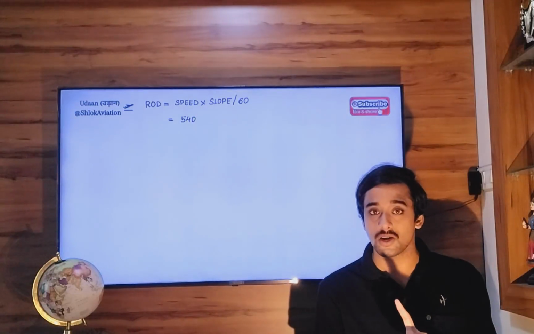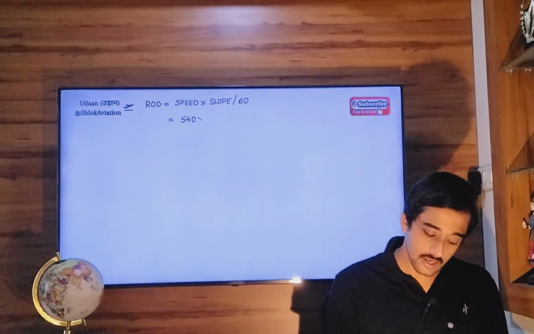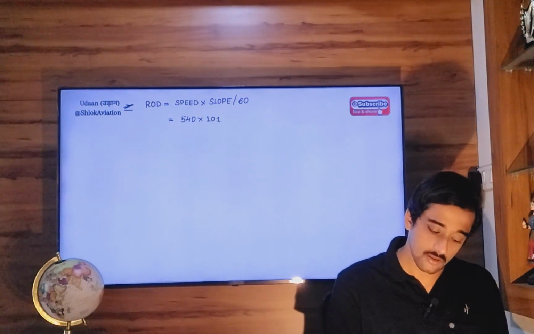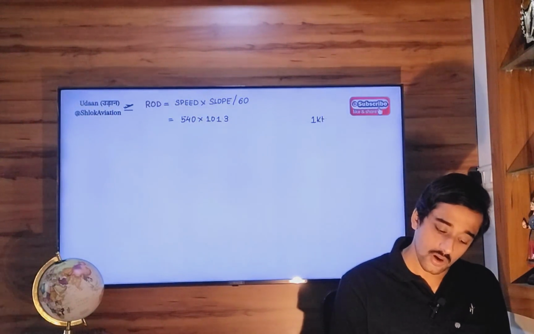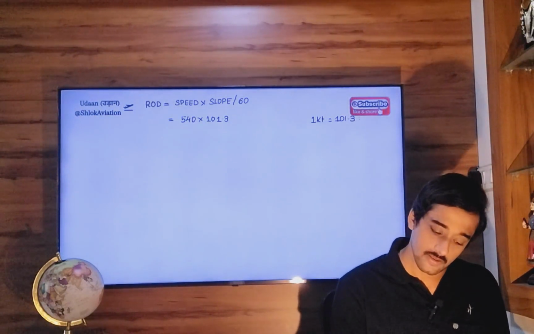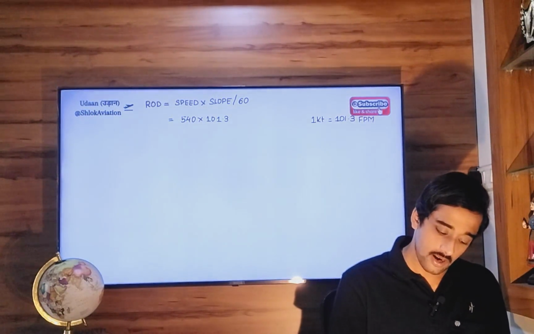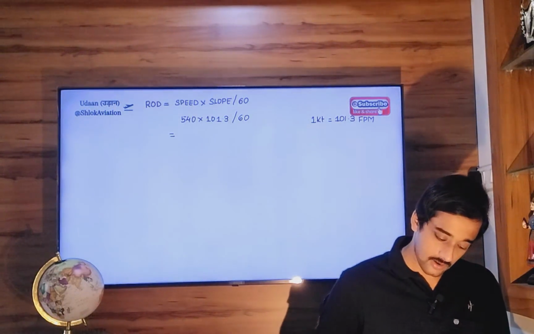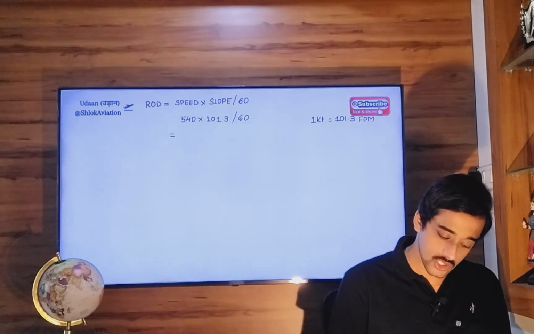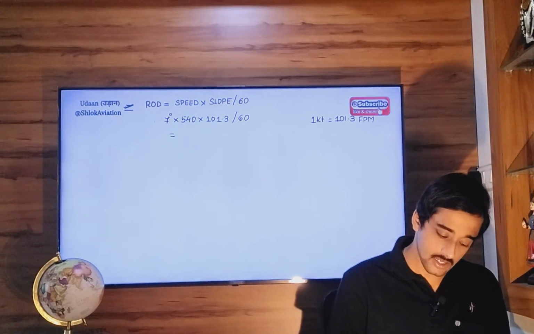So convert it into the corresponding feet per minute by multiplying it by 101.3. 1 knot equals 101.3, or approximately 100 feet per minute. Okay? So divided by 60, and the slope is 7 degrees.